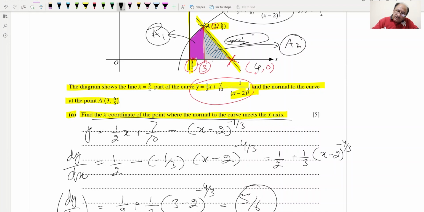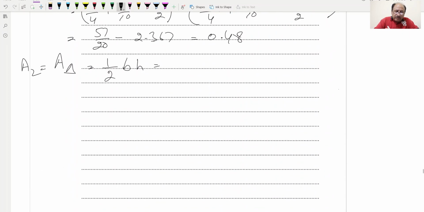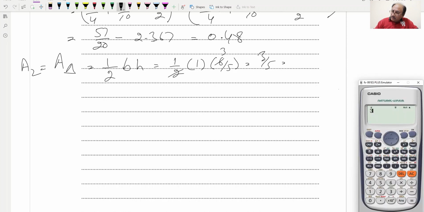From 3 to 4 is 1 unit, so we will take the base as 1 unit, and the height will be 6 by 5. So this will be 1 by 2 into 1 into 6 by 5, which is equal to 3 by 5, or in decimal value, 3 by 5 is 0.6.